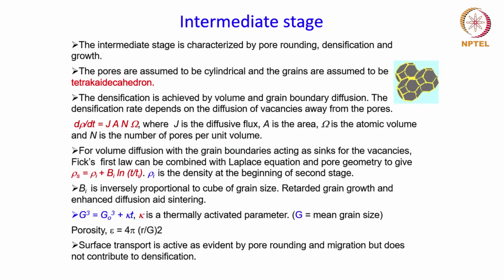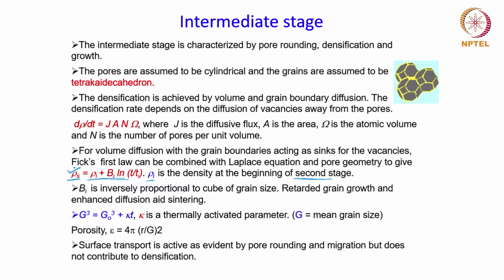And n here is the number of pores per unit volume. For the volume diffusion that occurs, the grain boundaries act as the sinks for the vacancies, and Fick's first law can be combined with the Young-Laplace equation and the pore geometry to come up with an expression for the density, which is given over here, where rho i is the density at the beginning of the second stage, and rho s is the final density or the sintered density.